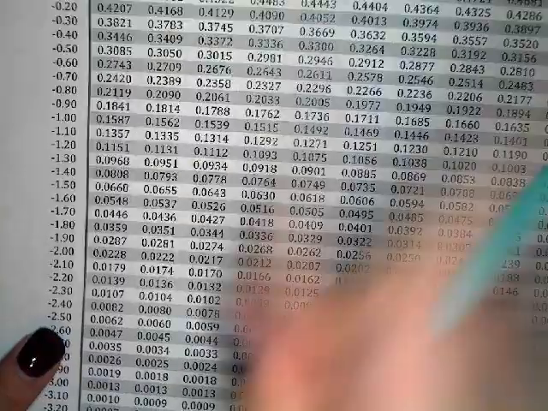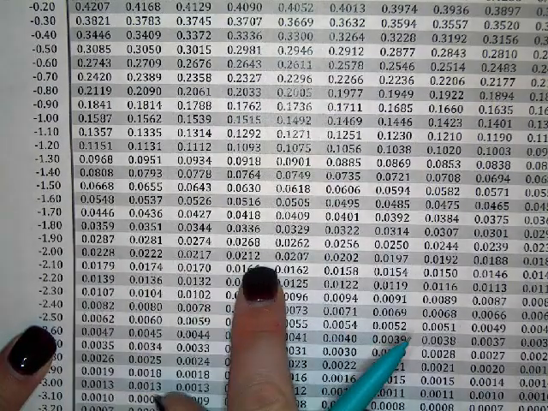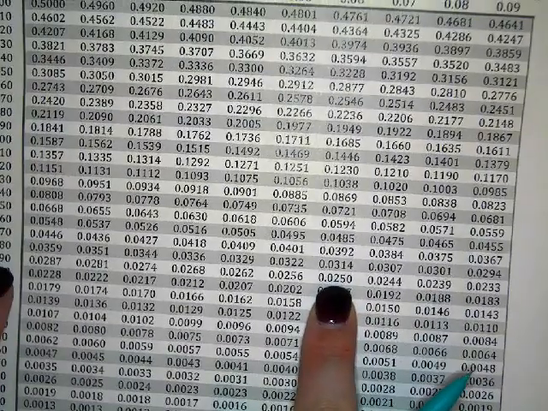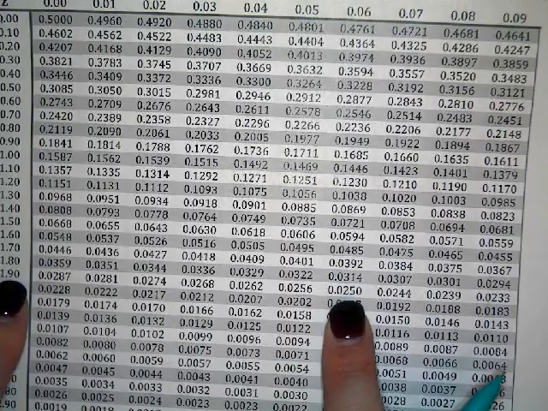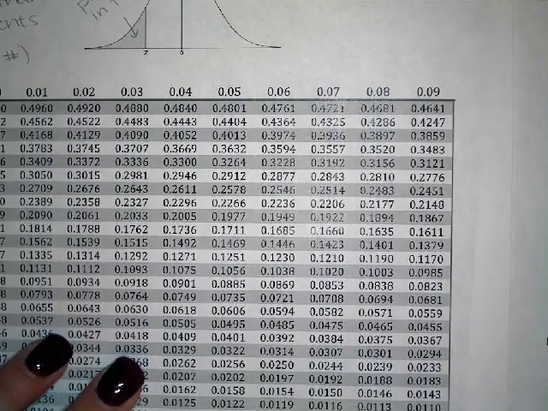Those are going down. Oh, there it is, 0.025. So we've got negative 1.96. I'm just writing that down. So negative 1.96.